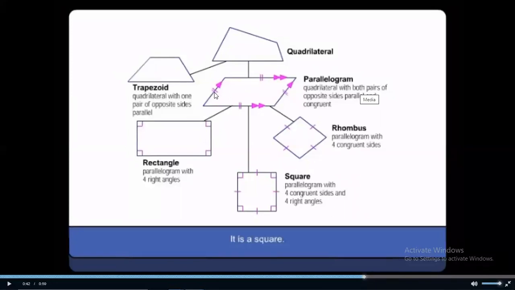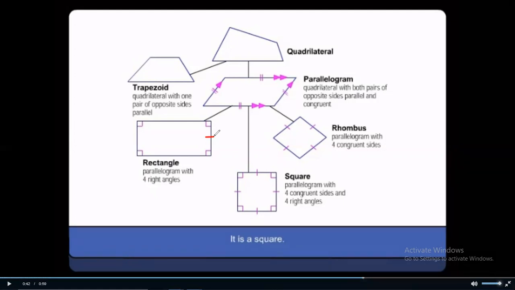This and this two sides are opposite and parallel. As you see here in the rhombus, a dash on all sides means all four sides are congruent. Here in the square, it is the same, four sides are congruent. I can do it like this in the rectangle, as you see here, each pair of sides is equal in length.